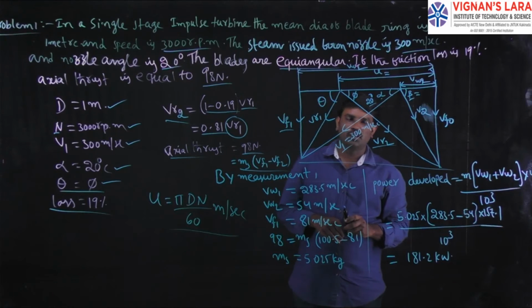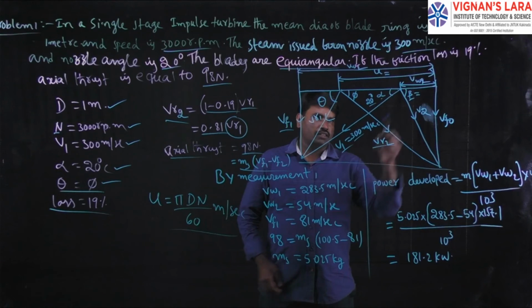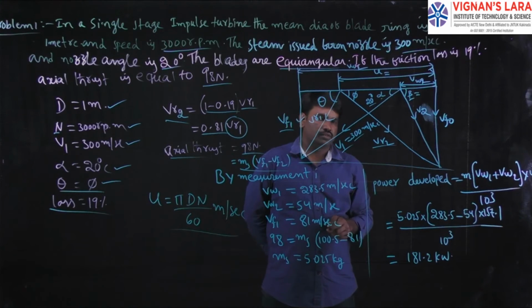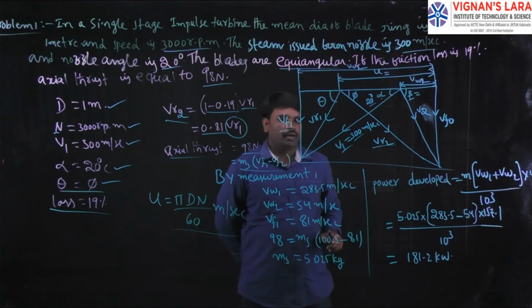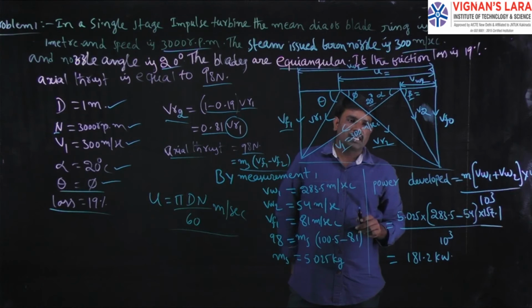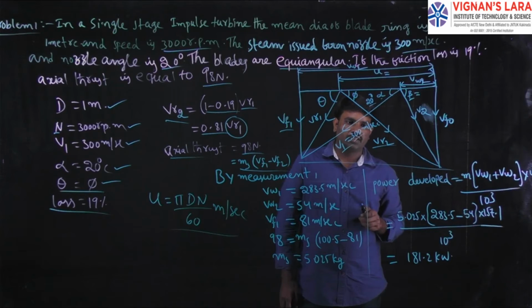In the present problem he only mentioned to find the power developed by the turbine. In this problem also you can calculate the beta value. After completing the drawing of this velocity triangle, by taking a suitable scale you can easily draw and find beta. You can easily calculate any parameters of the impulse turbine.